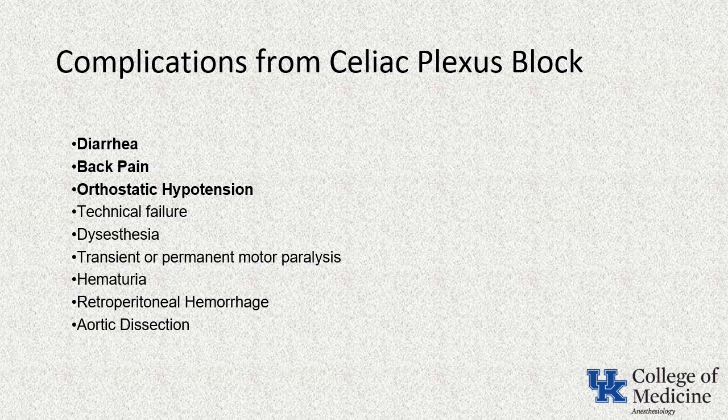So complications from this procedure, most commonly you're going to see diarrhea or orthostatic hypotension. The reason is because in this block, we're blocking both the general-visceral afferents, but we're also blocking sympathetic nerve fibers.